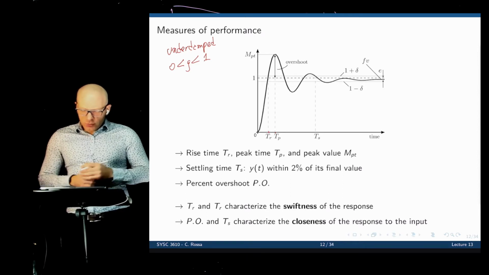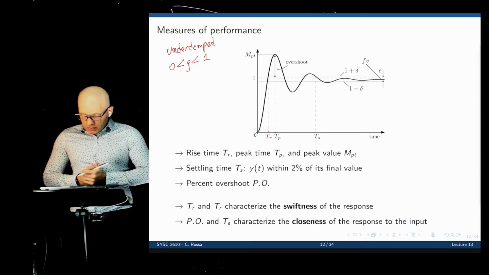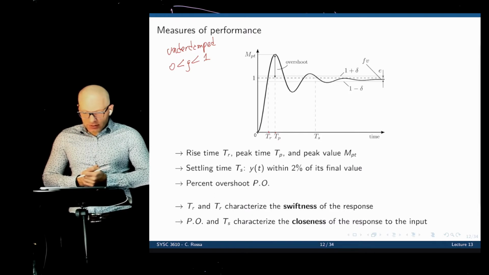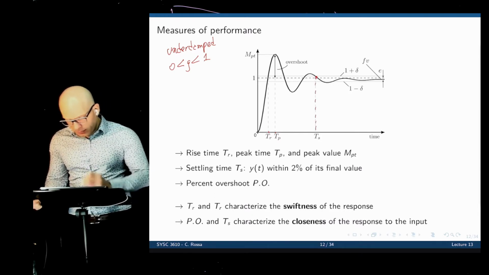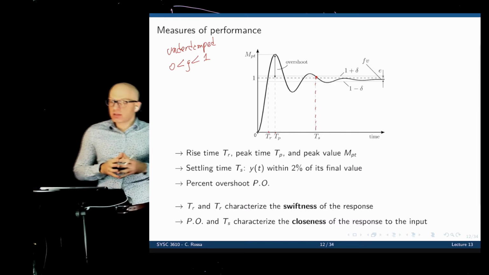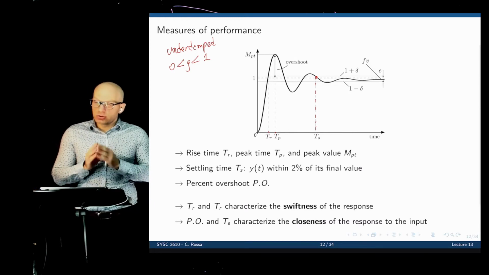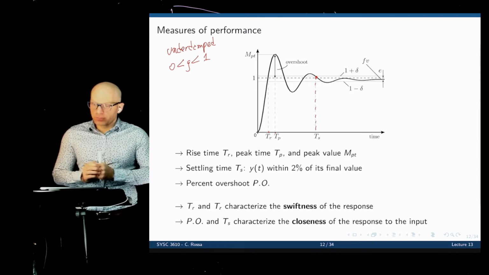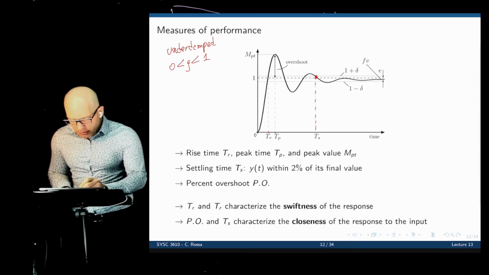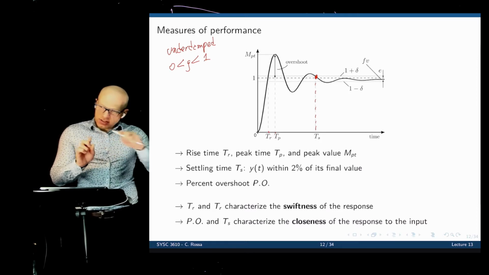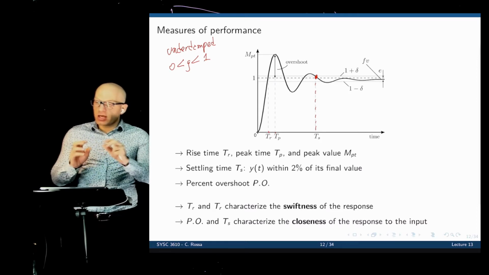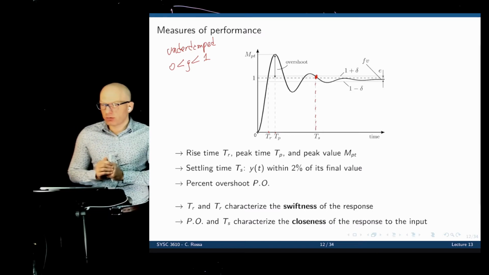The most obvious one is the settling time. So the settling time, we are going to call that Ts, and is the time the system takes to reach 2% of its final value. You see that past this point here, the output enters a range, it oscillates within that range, and that range is within 2% of the final value.